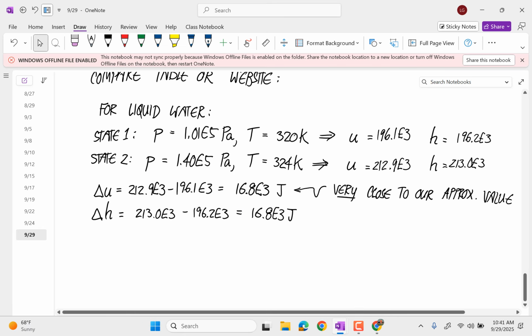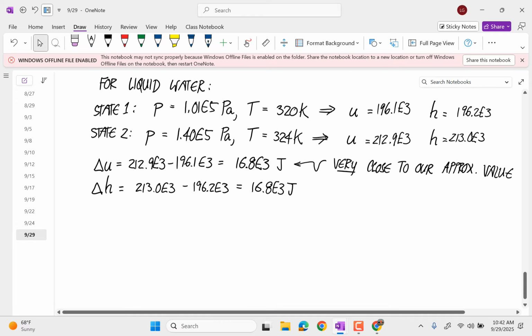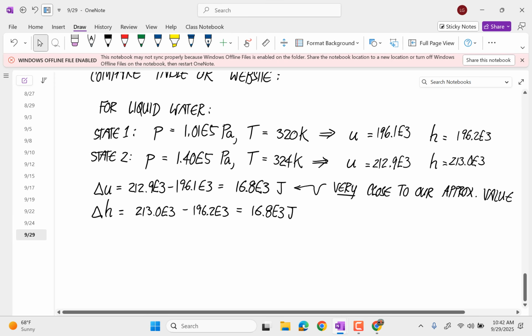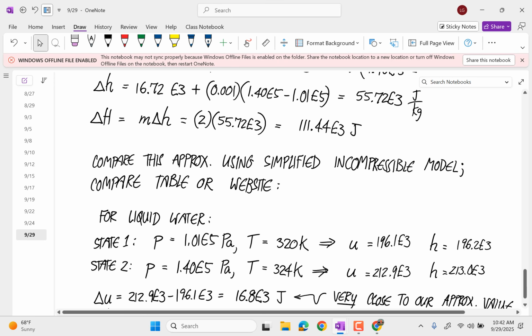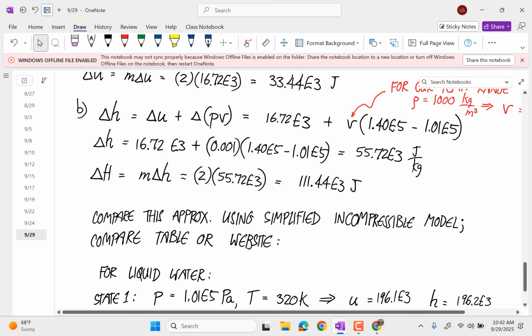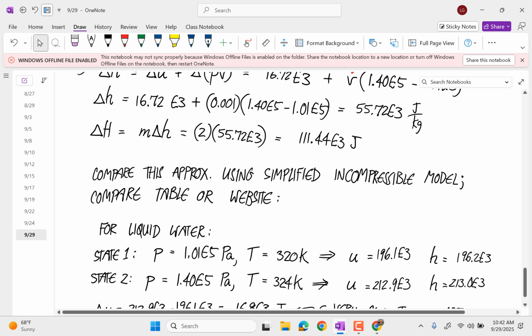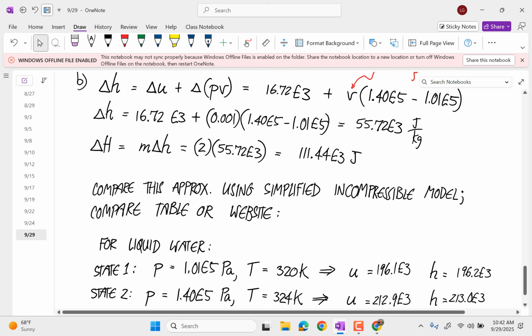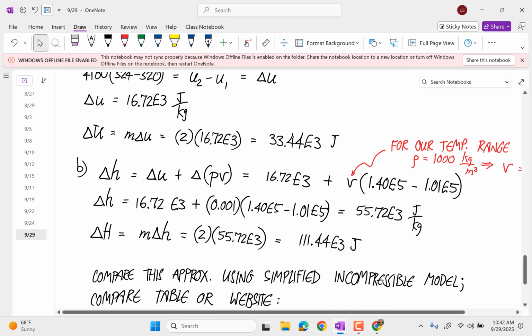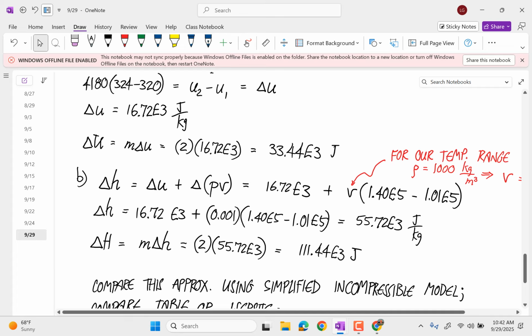Let me just look at this for a second and see if I did. So in my calculation, the change in specific internal energy I did right.